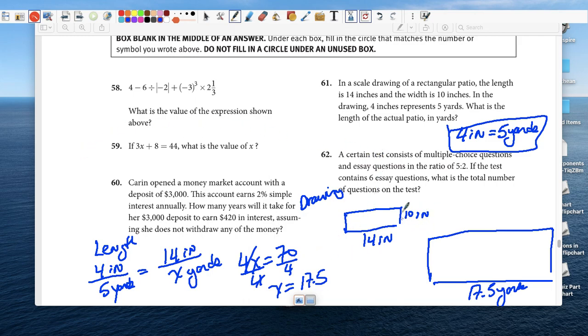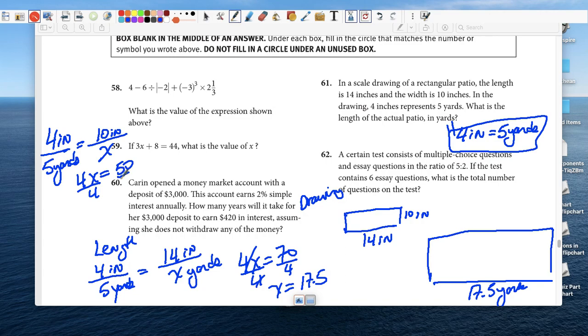Now we got to do the width, 10 inches. Again, we take our scale that's given to us. They told us that 4 inches is equal to 5 yards in real life. Now we want to know what 10 inches is. So 10 inches in your notebook is how many yards in real life. Again, this is x. 4x equals 50.